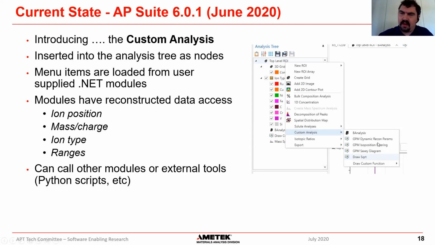Those are built at startup from analyzing the modules that are available. And the modules then, these custom analysis modules, have access to the data in your reconstruction. So that would be the raw ion position, XYZ, mass to charge ratios, the ion type, the identified type, which would be, say silicon or iron, and also the range data which is used to generate those ion types.